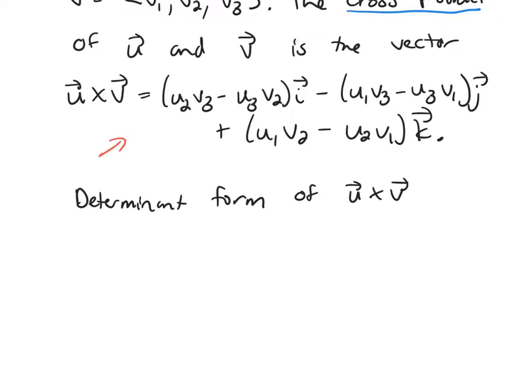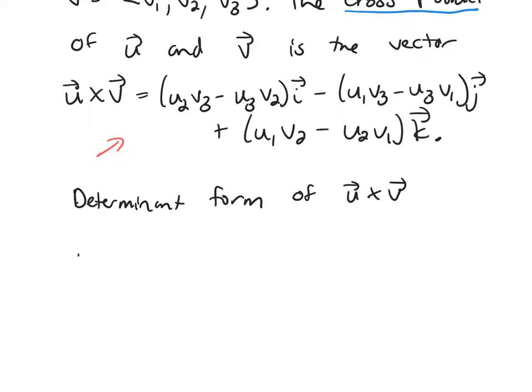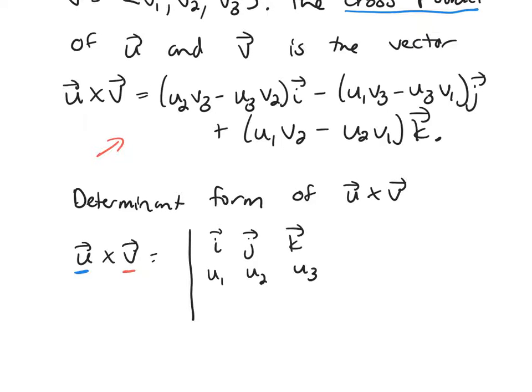But if you're not familiar, that's okay, we'll walk through it. When you take u cross v, you're taking the determinant. In the first row you write i, j, k. Then you copy the first vector down in the second row, u1, u2, u3, and copy the third vector into the third row, v1, v2, and v3.